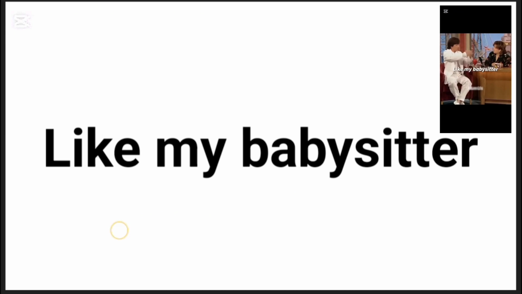And look at this word pronunciation, like. Up and down this word pronunciation, like. This time e makes sound. Like my babysitter.